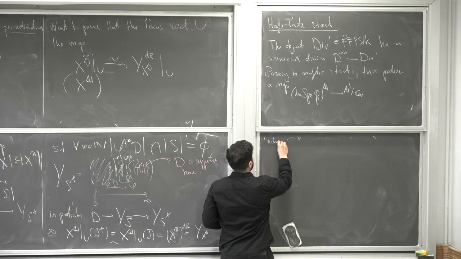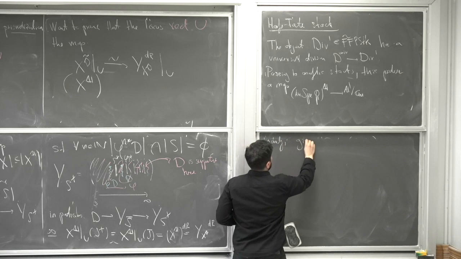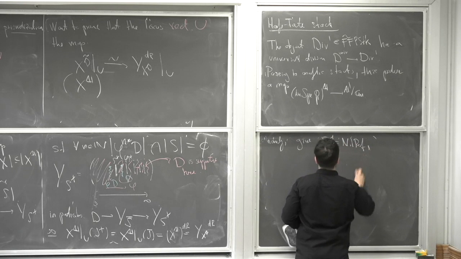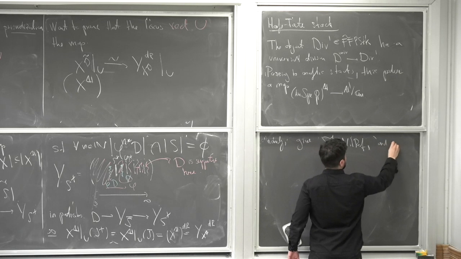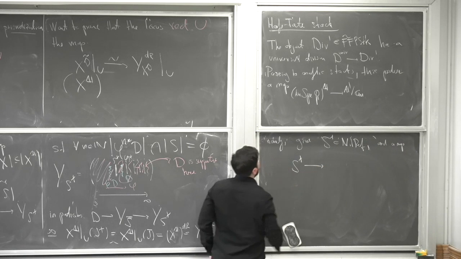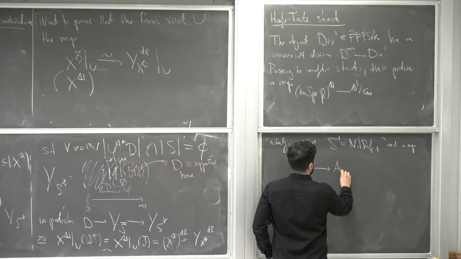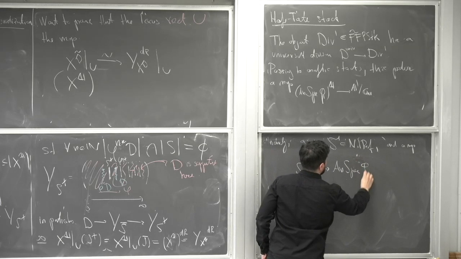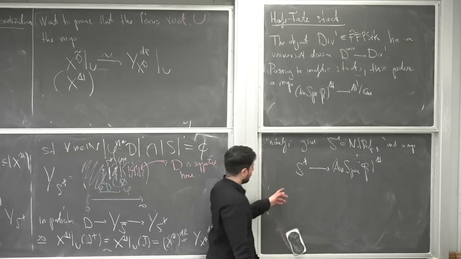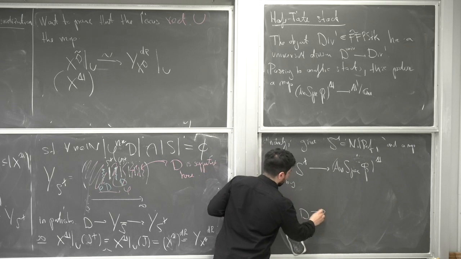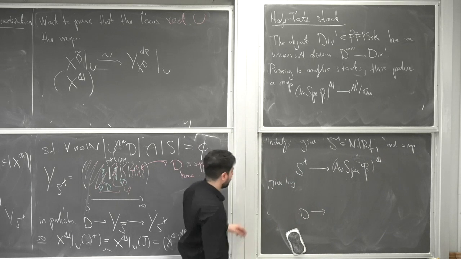Maybe even here, on the map, this map is equivariant. So it is like the pullback of this universal divisor curve.